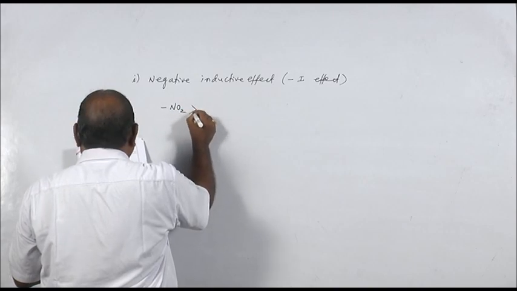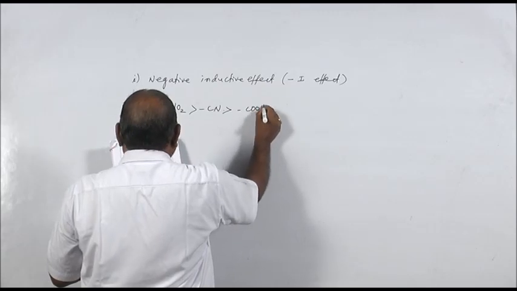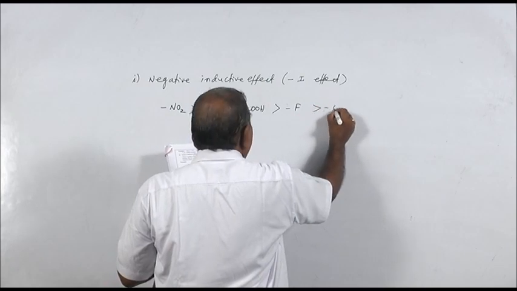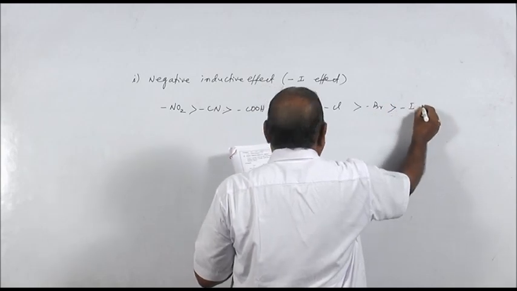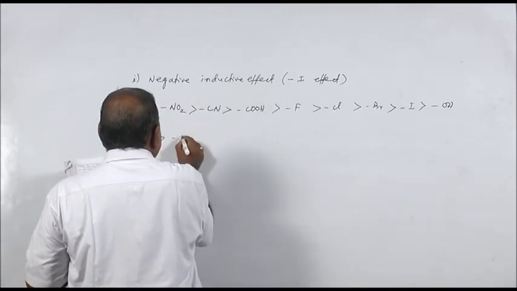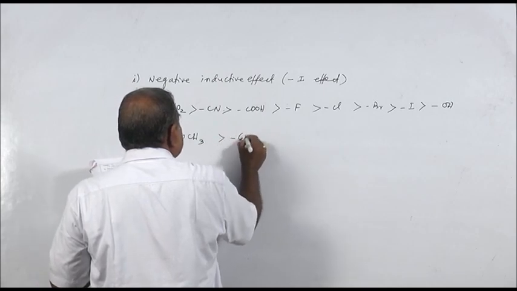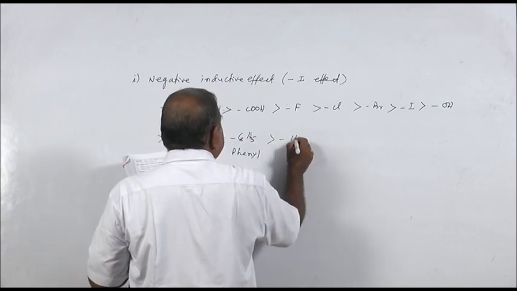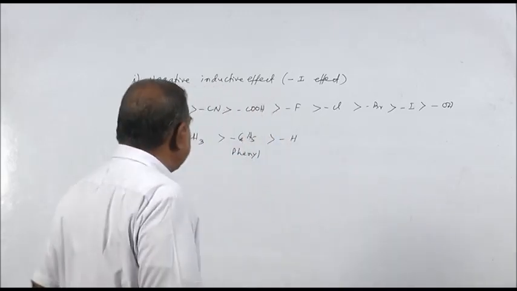Nitro group is maximum, then cyanide, which is greater than carboxyl group, greater than fluorine, greater than chlorine, greater than bromine, greater than iodine, greater than OH, greater than methoxy, again greater than C6H5, this is called phenyl, and hydrogen is taken as a standard. So these groups, they withdraw electrons towards it.